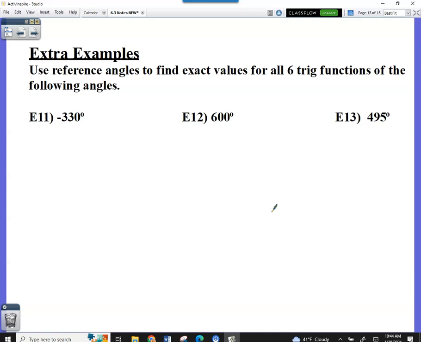Do me a favor, just do the beginning steps where you're drawing out where that angle lands, and then you're identifying the reference angle and drawing and labeling the triangle. Do just that part, like what we just did here. Do that for the next 3 examples, to make sure you're doing it right.